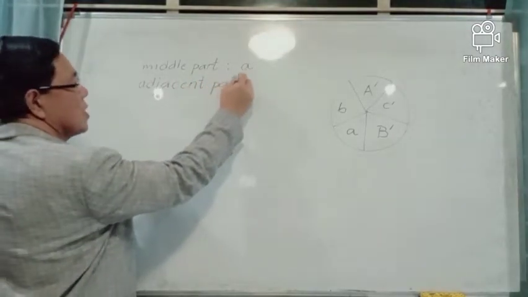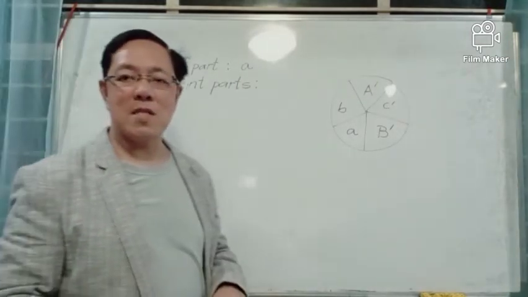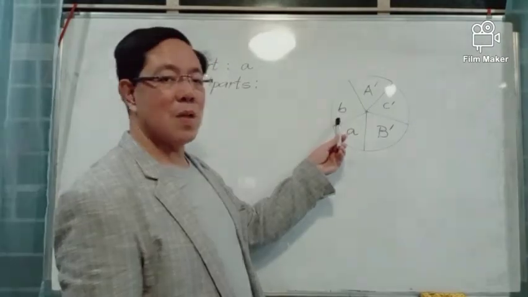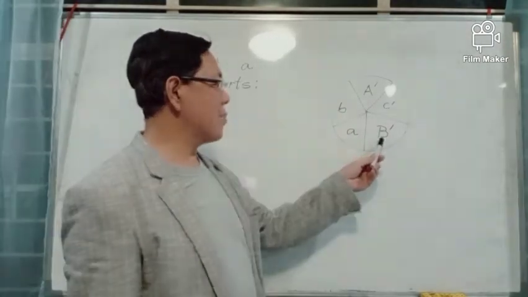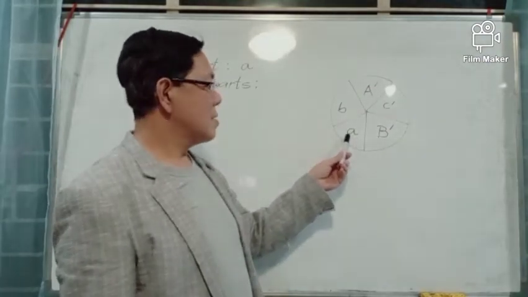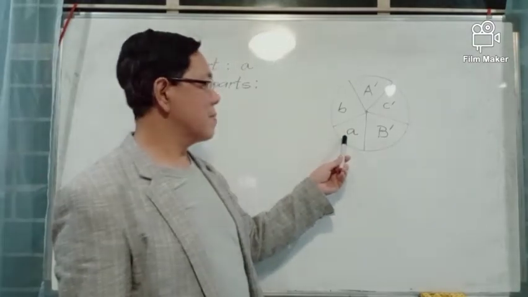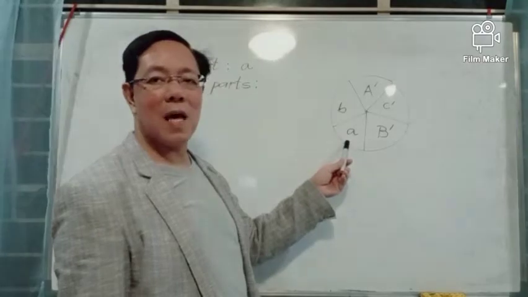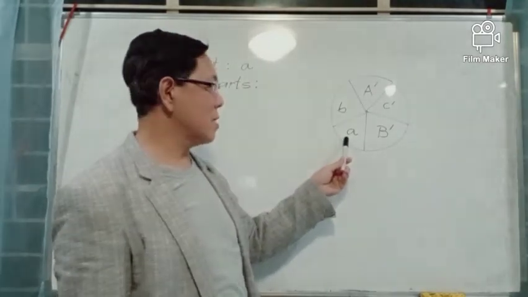There are 2 adjacent parts. The adjacent parts are small b and complement of b. They are adjacent parts because they are adjacent to A. They are next to A. These are the two parts next to A. Immediately next to A or adjacent to A.